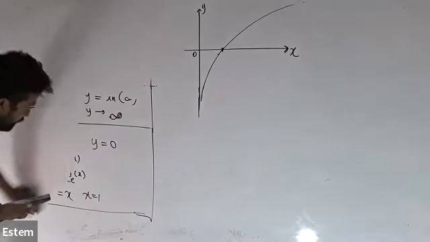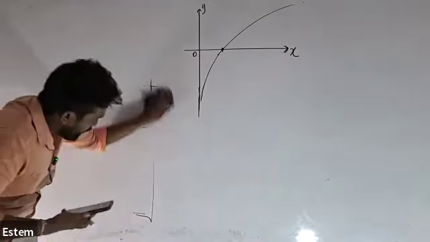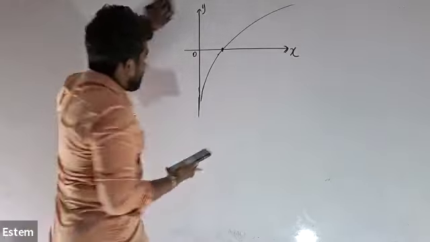For the negative values of x, it's not working. So there is a domain and range for this function. So we should write that also. What's the domain and range for y equals ln x?